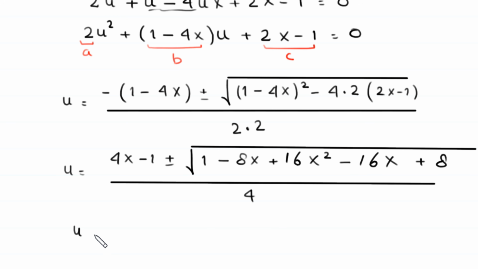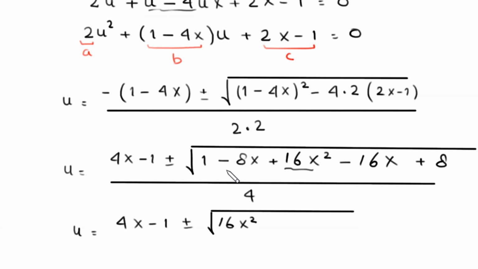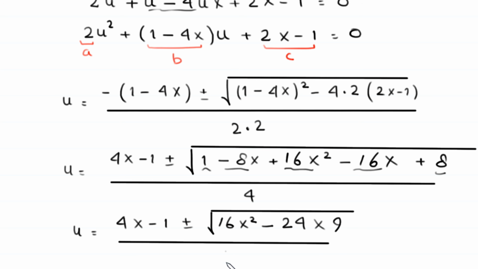Next, u equals (4x − 1) plus or minus the square root of 16x². This −8x − 16x becomes −24x, and 1 + 8 becomes 9, divided by 4.